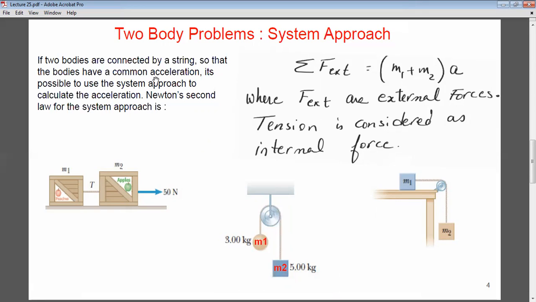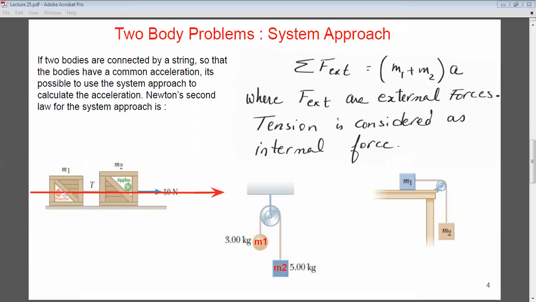How do I use the system approach? I choose the line of motion. So for example, for the first one, the line of motion is this one. I choose the x-axis along the line of this motion.